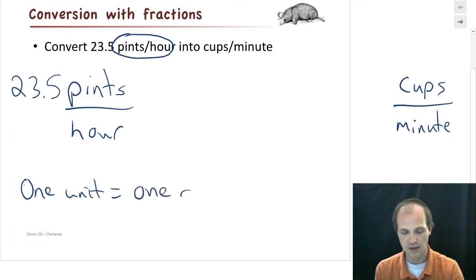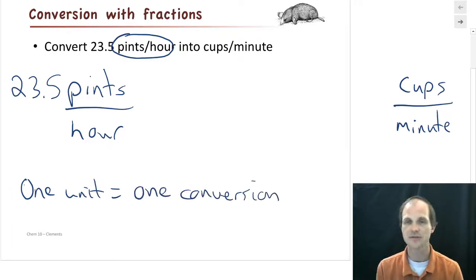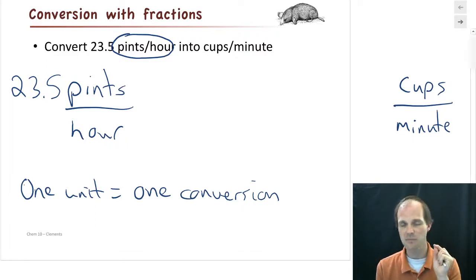But here's something about converting multiple units: 1 unit equals 1 conversion. We can only convert 1 unit at a time. So if we have 1 unit, we can sometimes get away with 1 conversion. Sometimes it requires more, and those are what we call multi-step, and we'll see those going ahead. But if we're converting 2 units, then we absolutely must have at least 2 conversions.